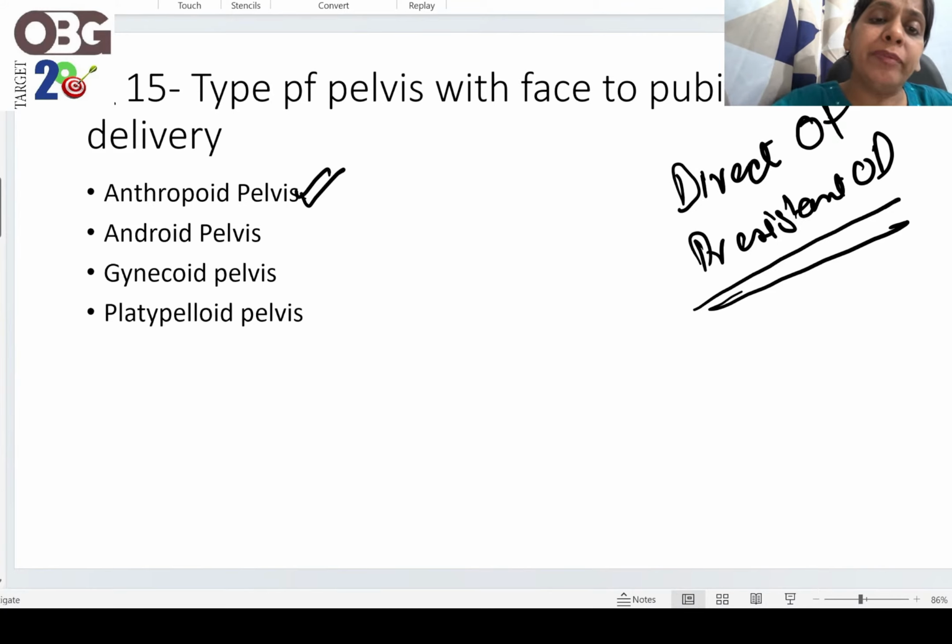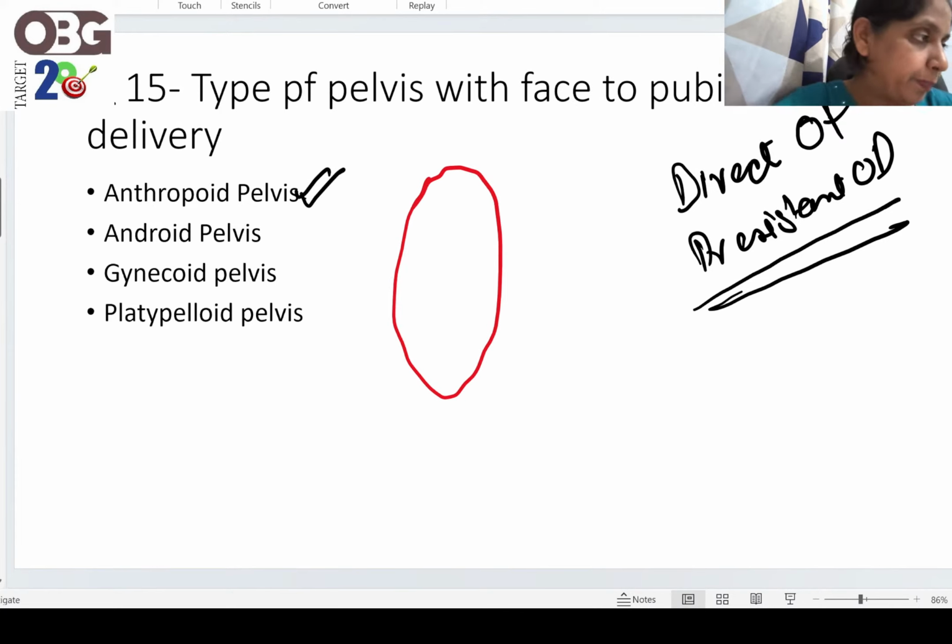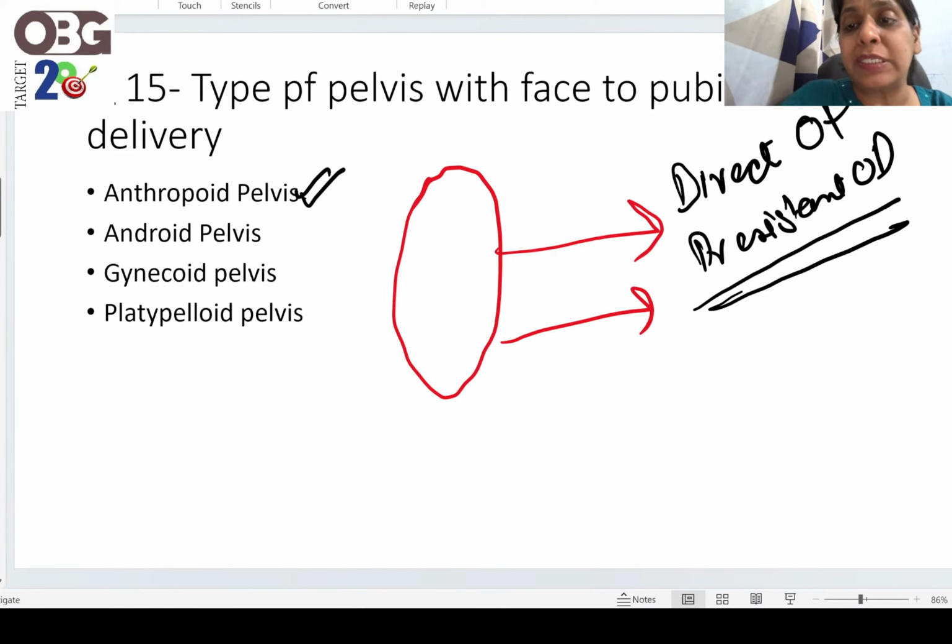What is the problem with the anthropoid pelvis? This pelvis is a longitudinal oval, and this longitudinal oval shape is responsible for occiput posterior and persistent occiput posterior.